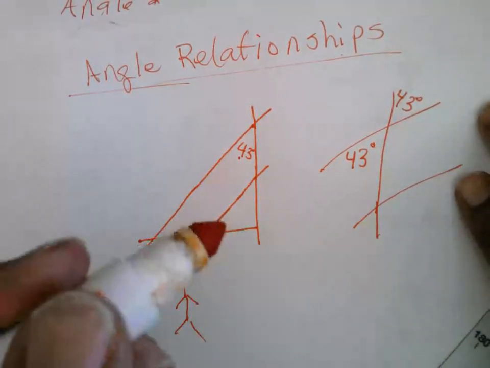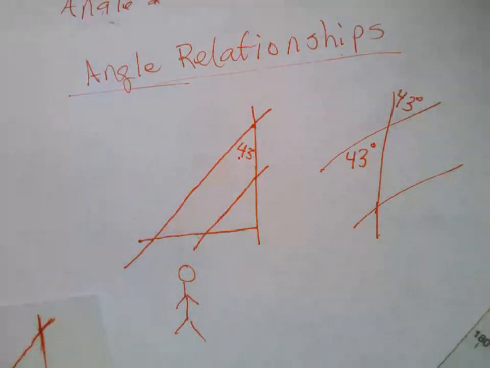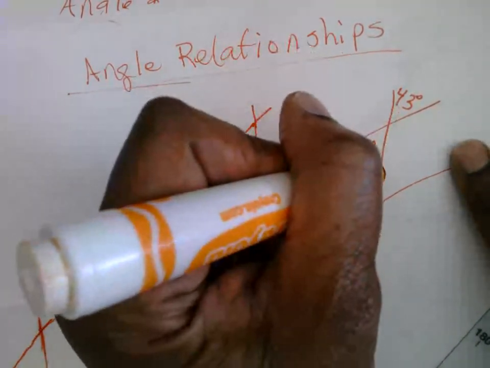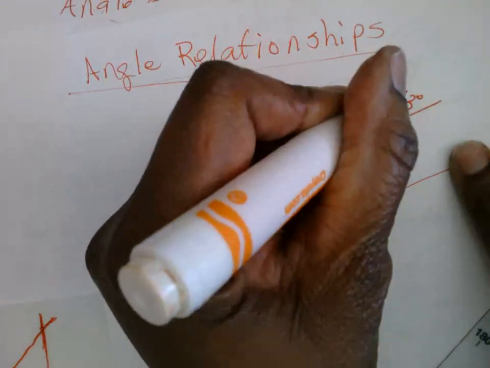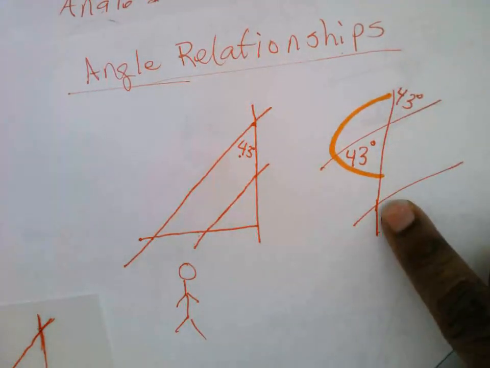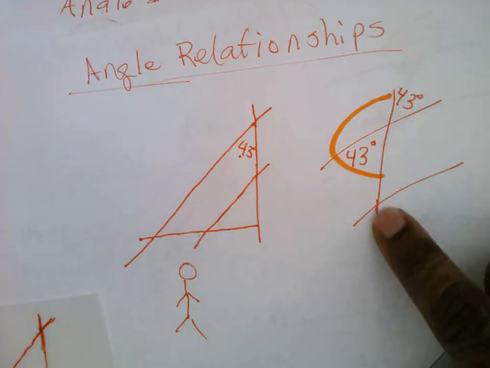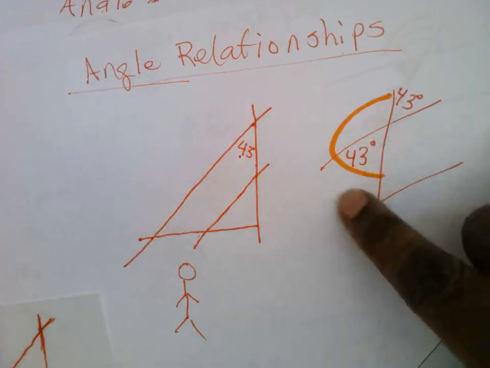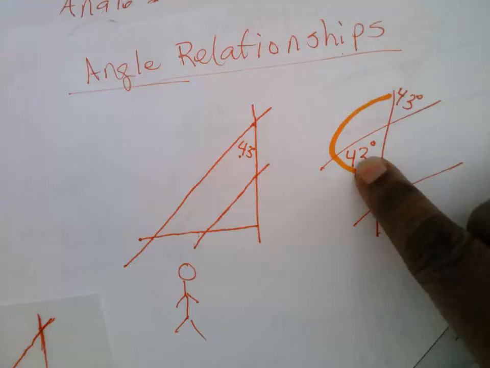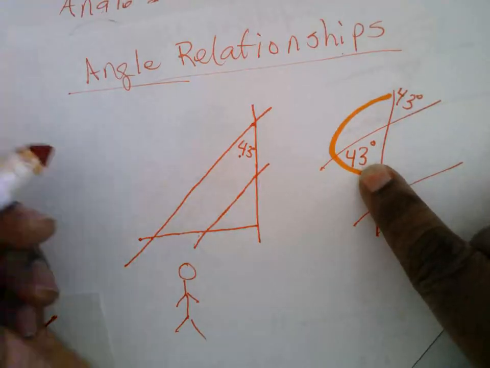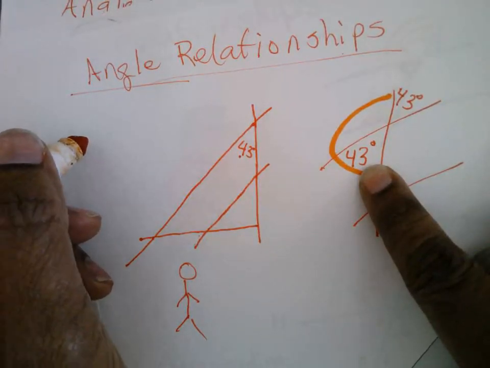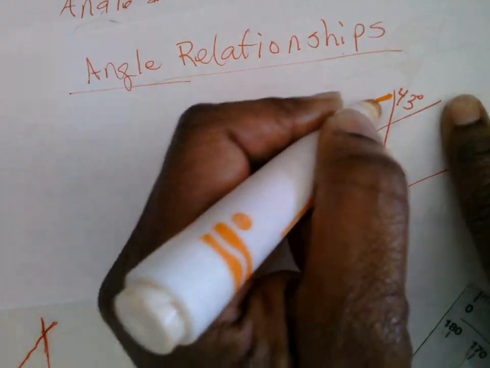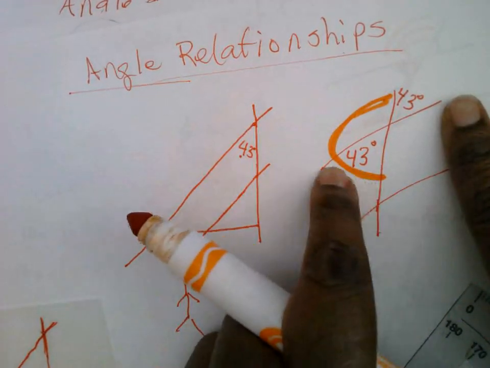This is angles on a line right here. From here to there, it's like a half circle. What is the supplement to 43 degrees? No, from here to there is 180 degrees. You already have 43.